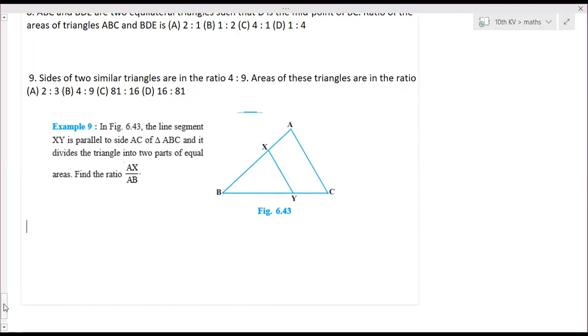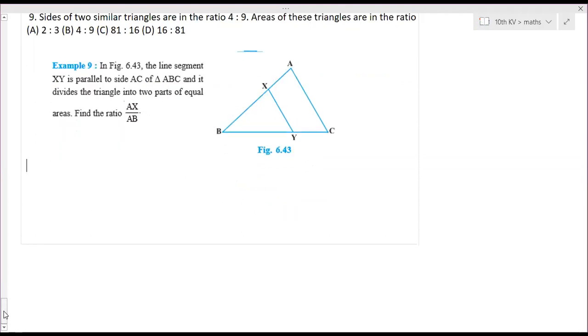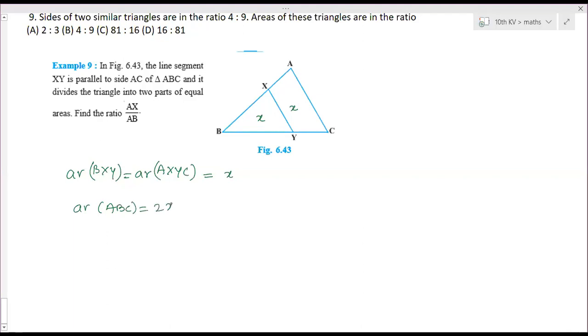Okay. So first thing given is area of BXY is equal to area of AXYC. These two areas are equal. If you consider that as x, this is x and this is x. So what is the area of triangle ABC? It's 2x.